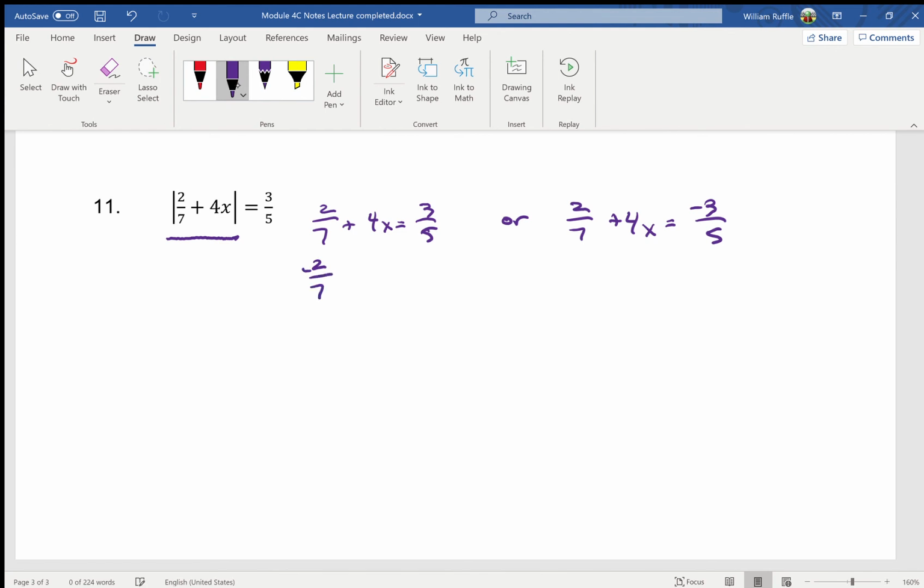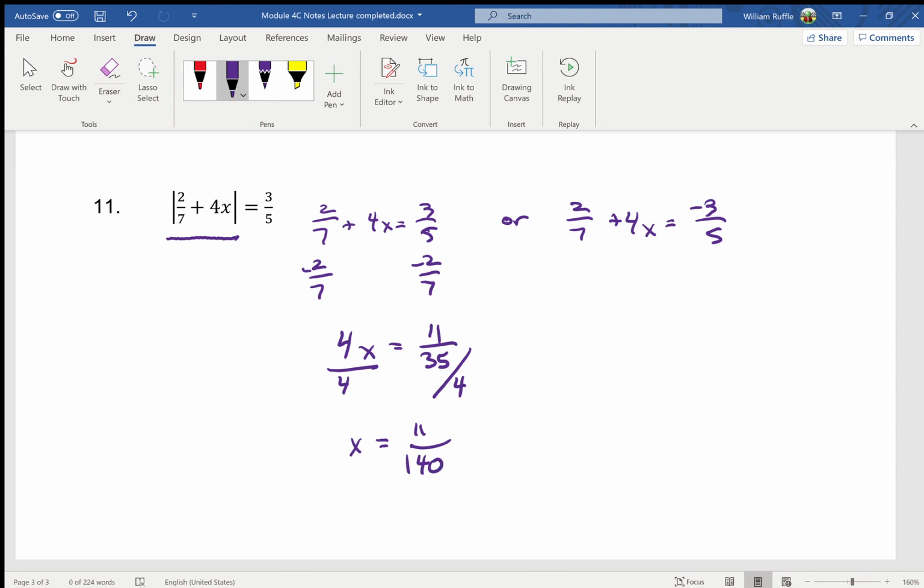Minus 2/7 from each side, so we get 4x equals 11/35. How do I solve for x? I'm dividing by 4, so I'm dividing that whole thing by 4, and I get x equals 11 over 140.